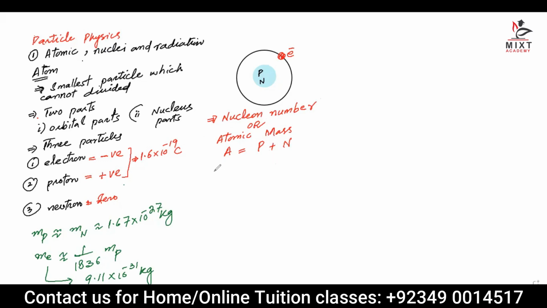And the next thing is the charge number, or you can say atomic number. In some books they have written atomic number. That will be denoted by Z, which is the number of protons.